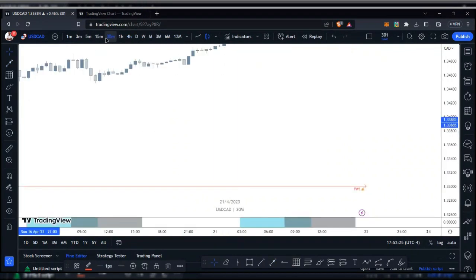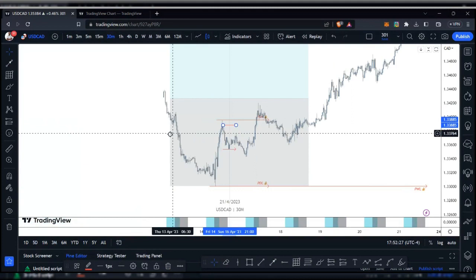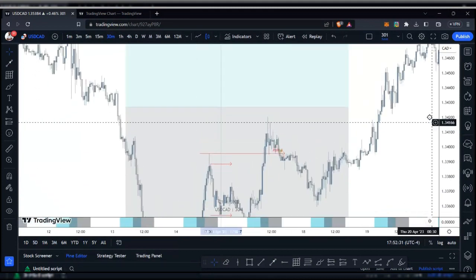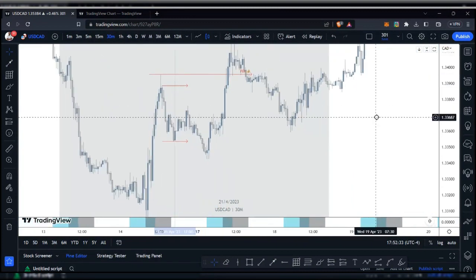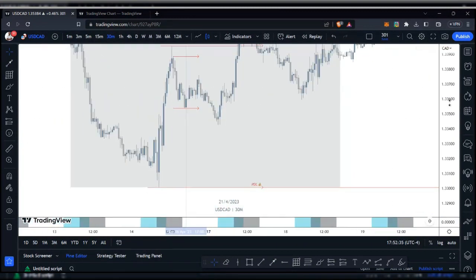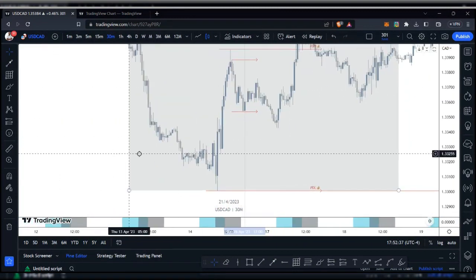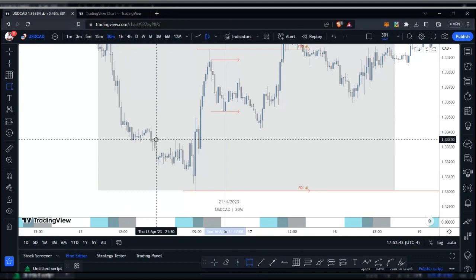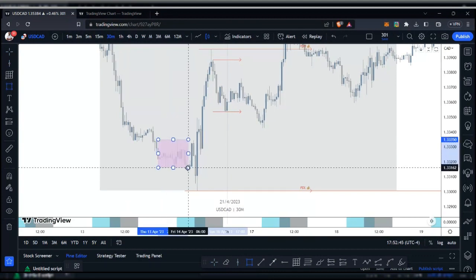Then let's see 30 minutes. What happened at the 30 minutes? Now, before the week closed, can you see what happened here? So that was that accumulation.